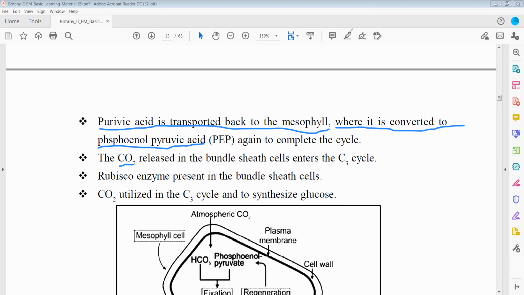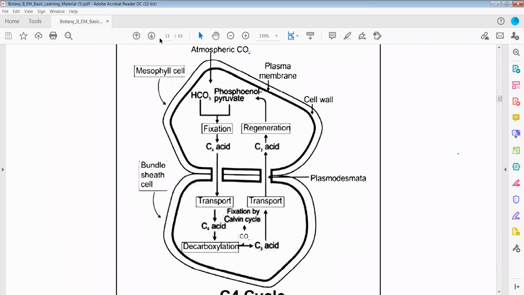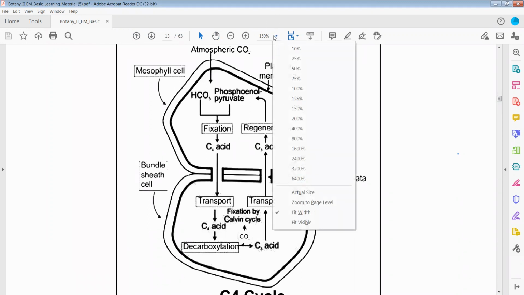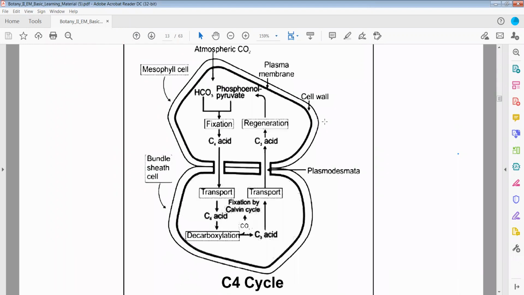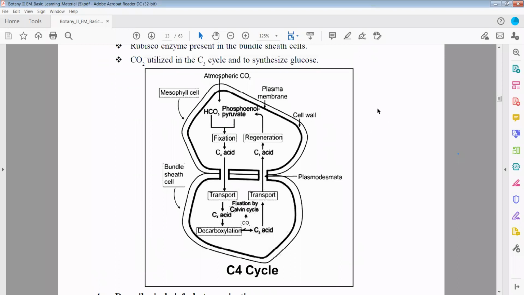Here there is a picture. Now here you can see this.